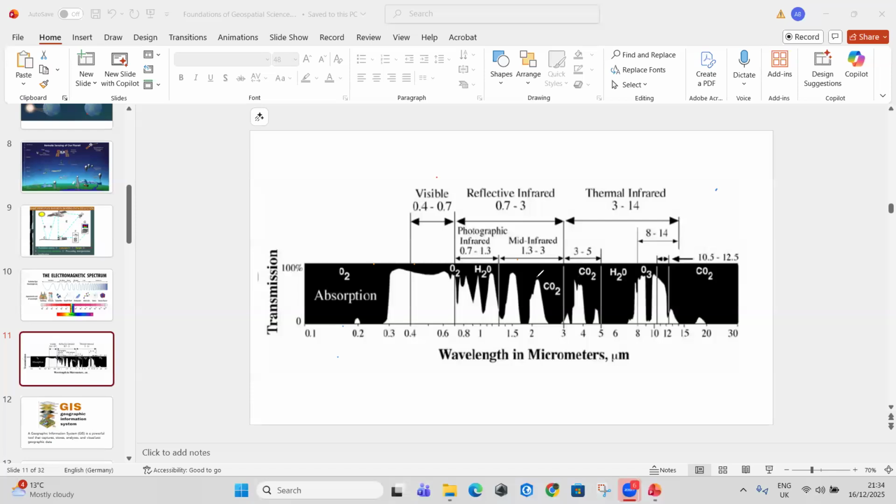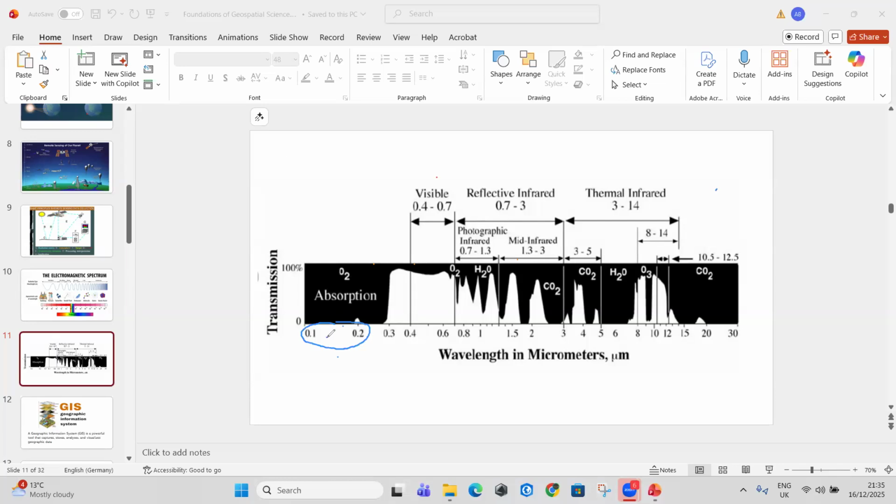If you see the others, if you go to infrared, thermal infrared, you can see carbon dioxide is absorbing, water vapor is absorbing infrared, carbon dioxide again is absorbing. Okay. So this is to understand how the gases in the atmosphere behave with the incoming radiation. For example, you create a satellite that works in this wavelength, and you create an emitter for this wavelength.